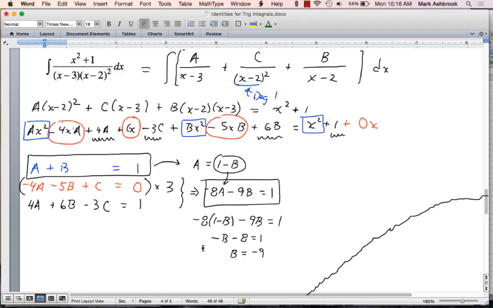And that means now I can come very easily to this one, a plus b equals 1. If b is negative 9, that means a is positive 10. And if a and b are 10 and negative 9, I could use either one of these equations down here to get c. So if I use this one, I'll get c equals negative 5.